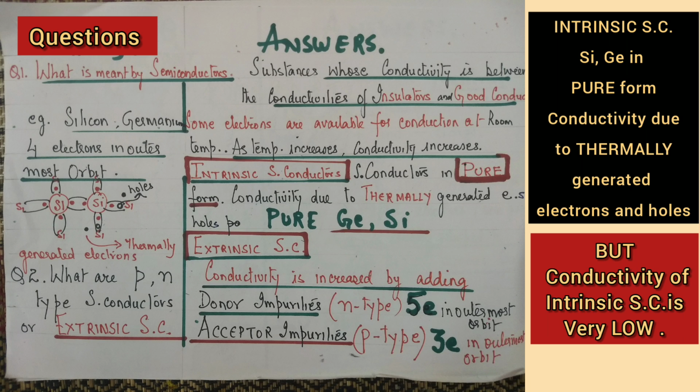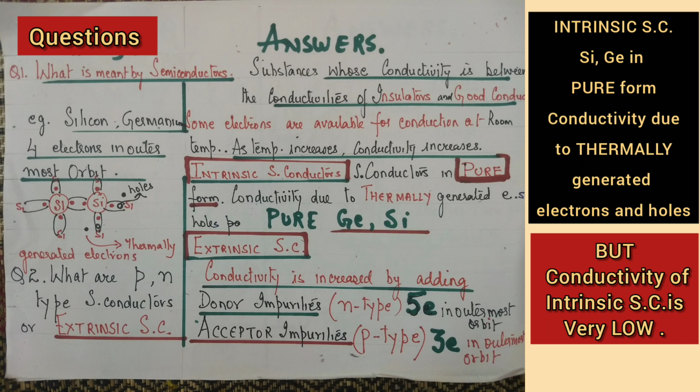At normal temperature, there aren't many free electrons, so the conductivity of pure germanium or silicon semiconductor is very low. These semiconductors, whose conductivity is only due to germanium and silicon atoms with no impurity, are known as intrinsic semiconductors.